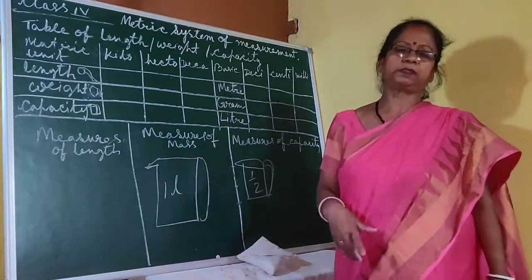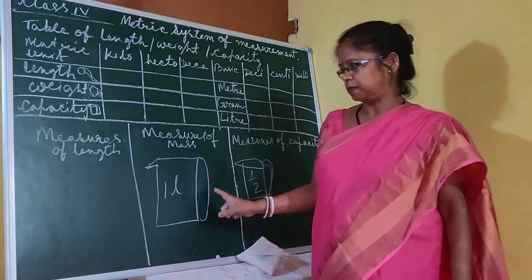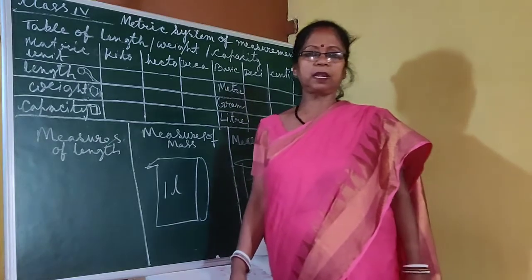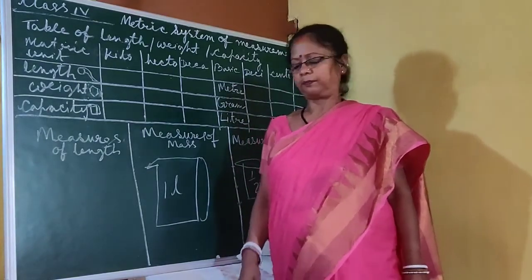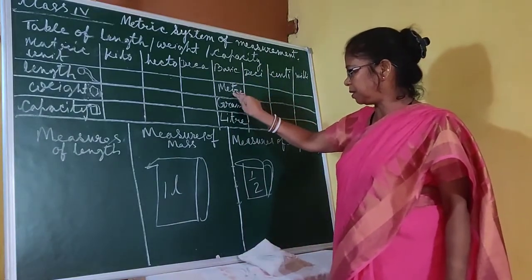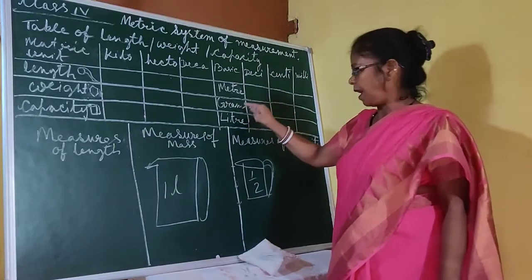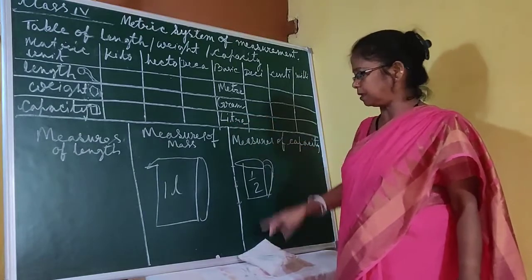That container's capacity is called capacity, and its unit is liter. Capacity is measured with liter, length is measured with meter, weight is measured with gram. This is the main basic. Length is measured with meter, weight or mass with gram, and liquid capacity with liter.